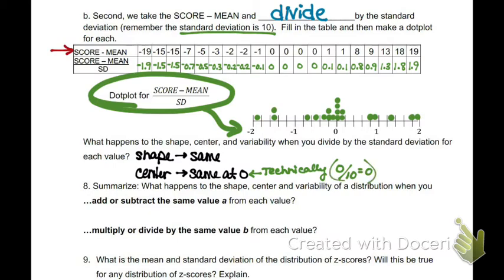What about my variability? That shifted down to 3.8. Yeah. Variability decreased. How did you come up with that value that you gave me for the decrease?